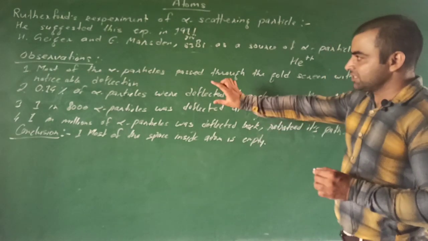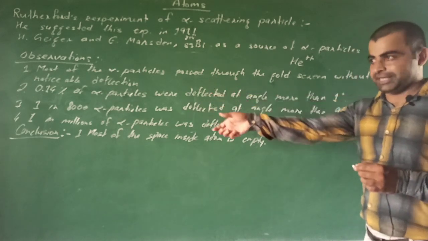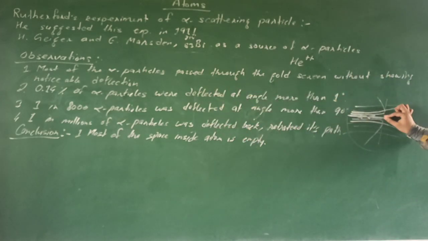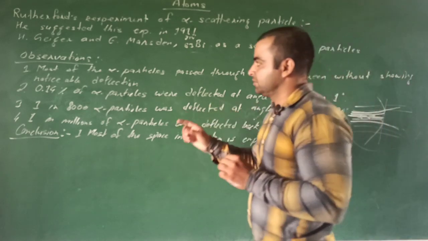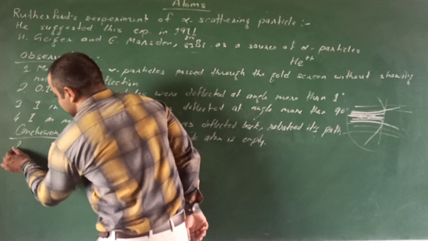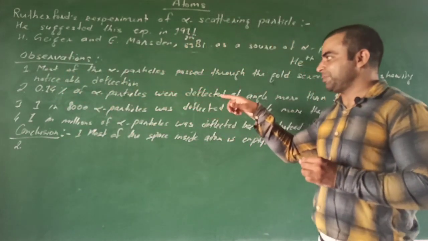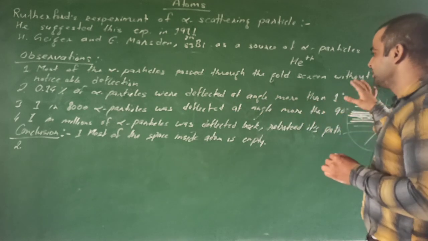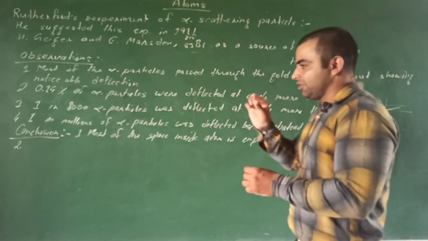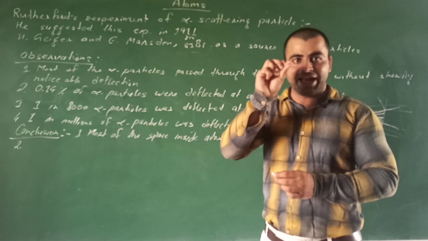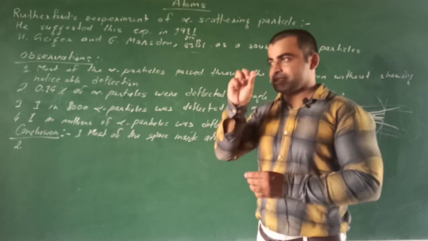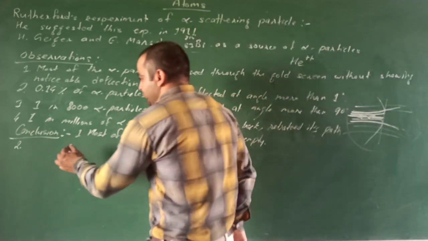And if the particles are deflected, then there is some positive charge inside the atom. Second conclusion: 0.14% of alpha particles are deflected at an angle more than 1 degree. It means a very small part of the atom has positive charge.